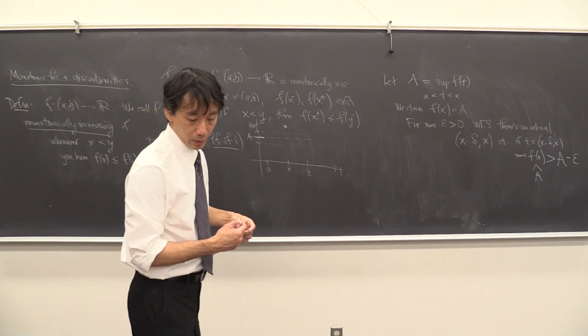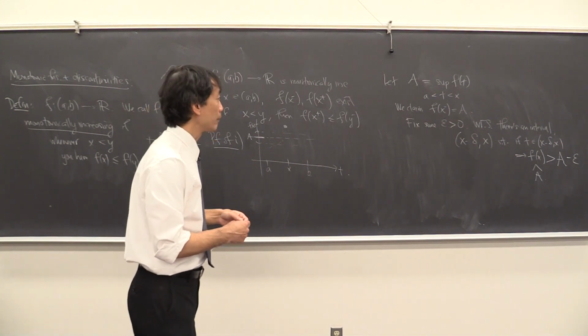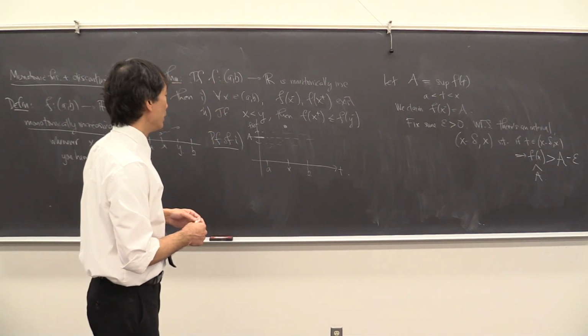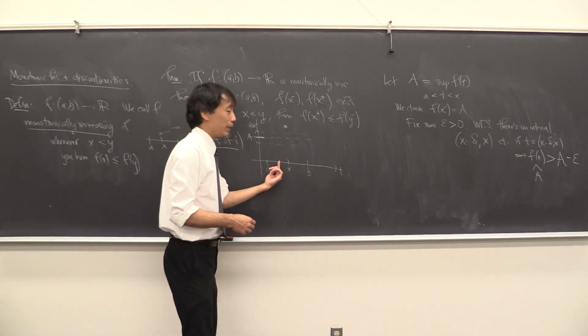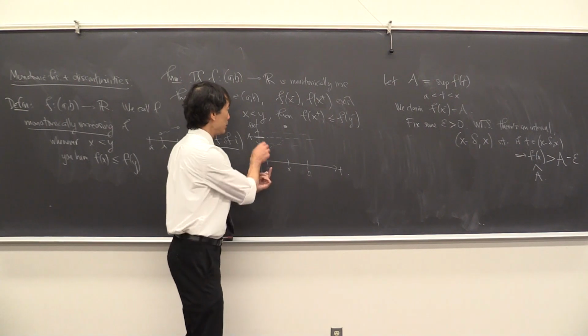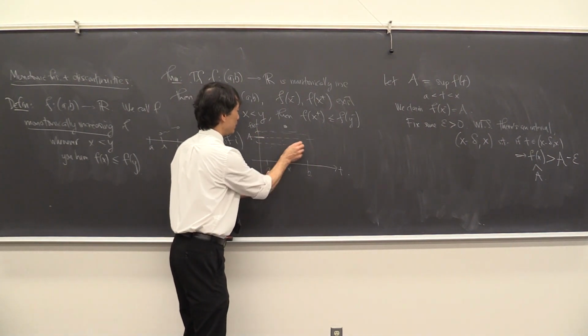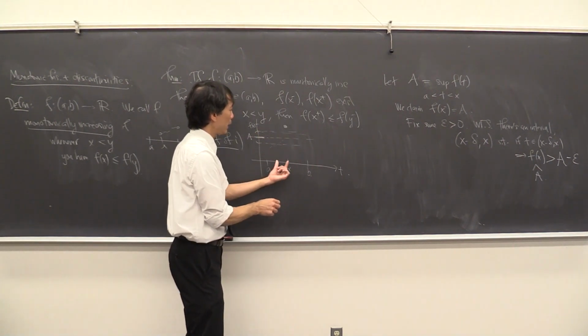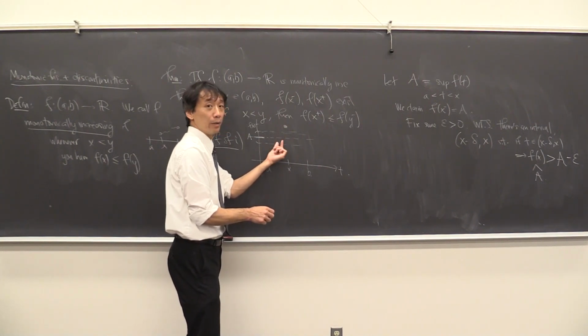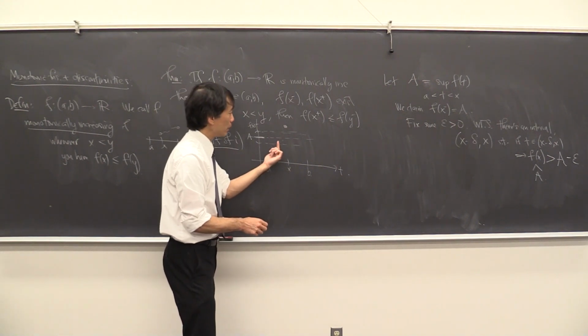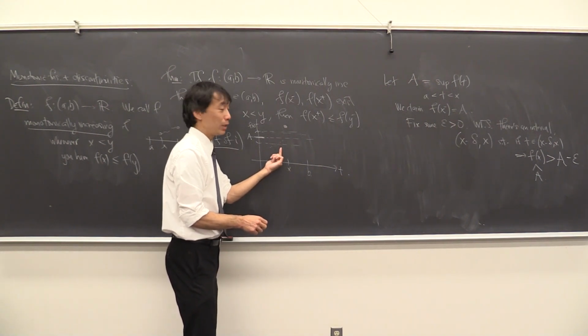So how do we find that delta? Somebody gives us an epsilon and says, can you find a delta where everybody gets mapped inside here? You can say, well, just look at the picture.